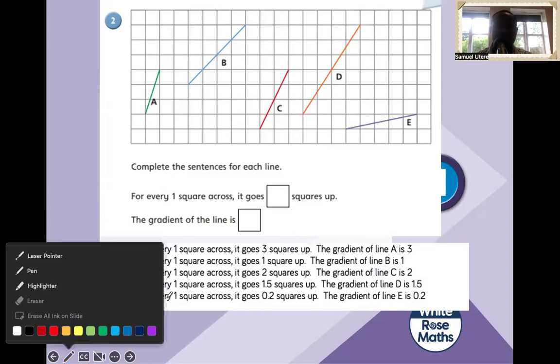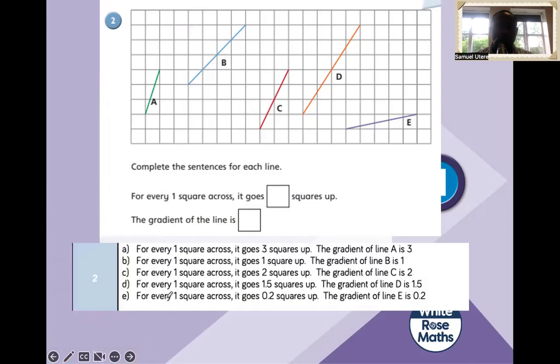So for D, we can see that for every 4 across, we go up 6.